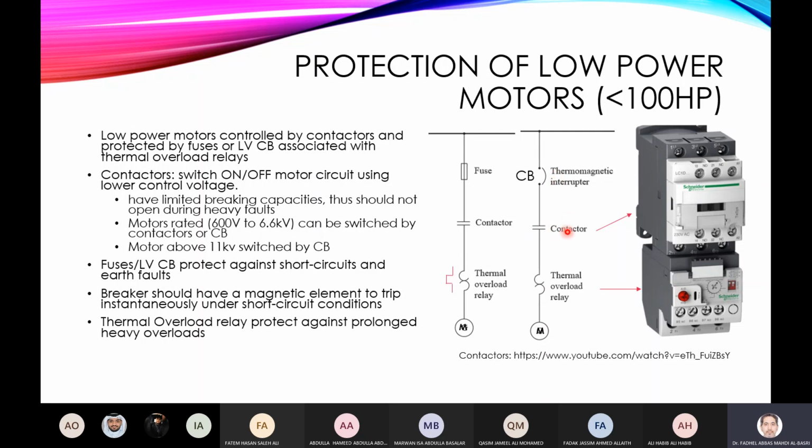Okay, so a switch, normally you switch on and off manually. But with a contactor, I can switch a load on and off using a lower voltage, remotely or locally. It allows remote control of a circuit, and is also designed to handle thousands of switching operations.